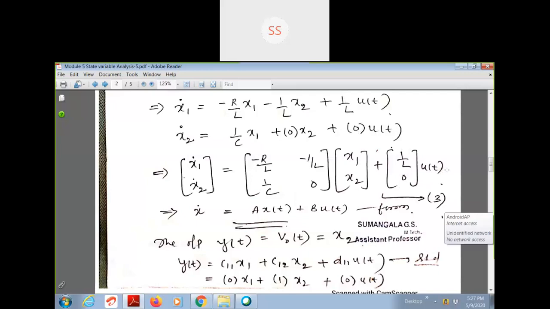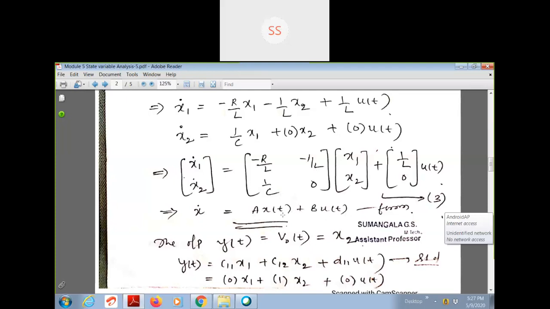So this resembles the standard format x dot equal to A into x of t plus B into u of t. Even for the previous mechanical system problem also, you just include this line. Once you finish this in the matrix form, below that you can write this standard equation x dot equal to A into x of t plus B into u of t.